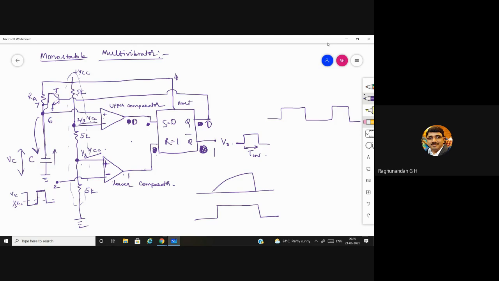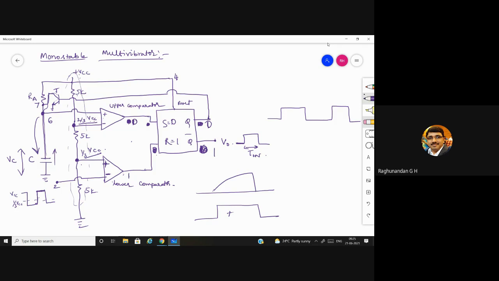Since we are talking about the monostable multivibrator, at least one state will be stable. Mono means single. A single state will be stable. That's why we are mainly concentrating on the positive state of the output. The positive state will be constant. It will be stable. It will not be varying. But when you take the astable multivibrator, it will keep on changing continuously.